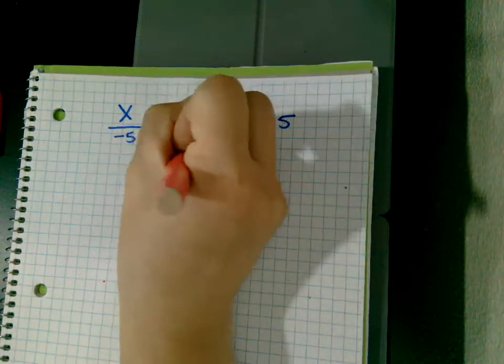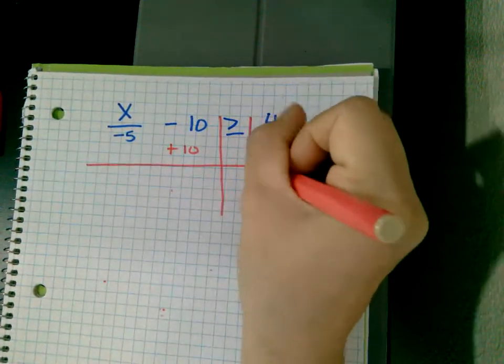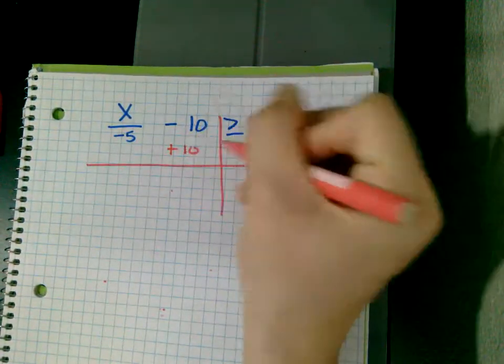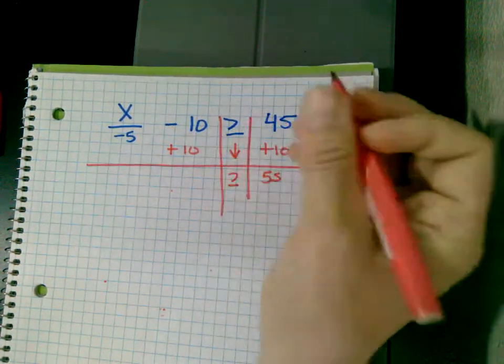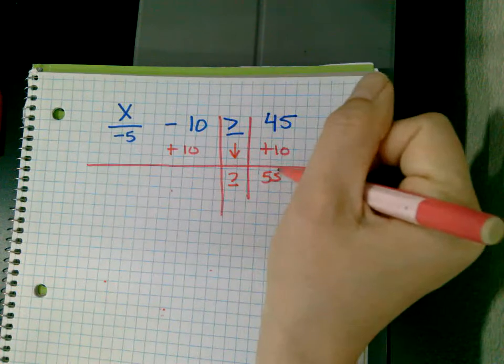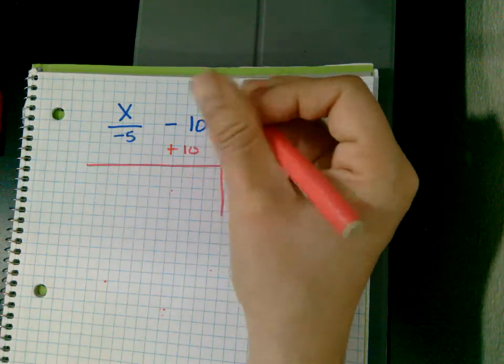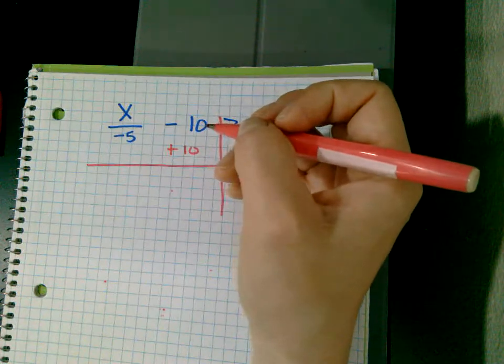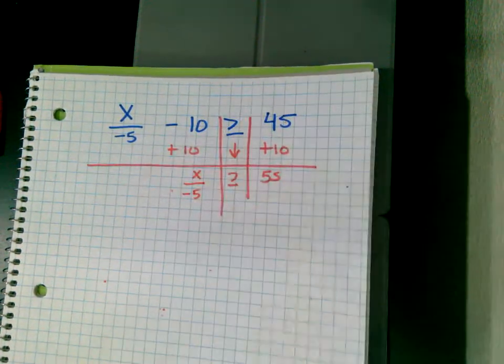So you're going to add 10 to both sides, still the same. 45 plus 10 is 55. Now I added 10. That doesn't matter. Bring it straight down. Even if your answer over here was negative or this number was negative, it's cool. No big deal because you're not multiplying or dividing by a negative. Doesn't count for add and subtract.